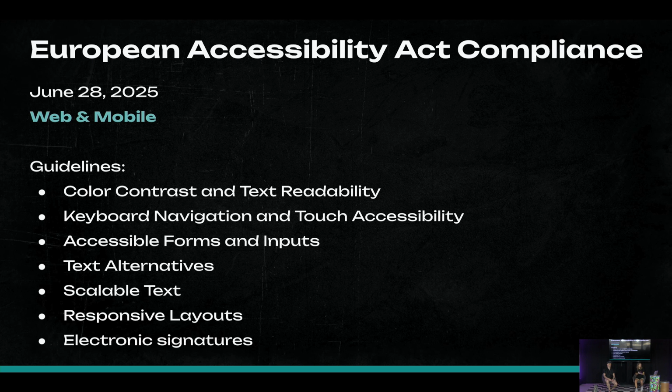And the most important part is, I put here just the European deadline because I'm from Europe, but I know that there are such laws in the US, in Canada, in Australia. In Asia, I didn't hear about it, but maybe in future. The idea is that it's related to web and to mobile as well.